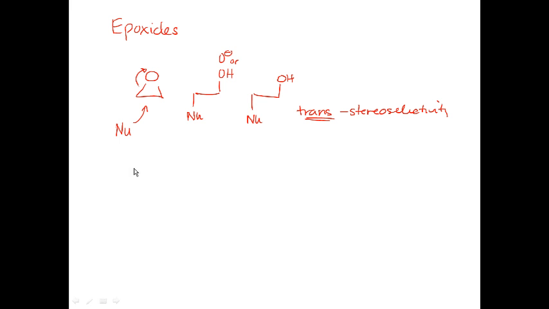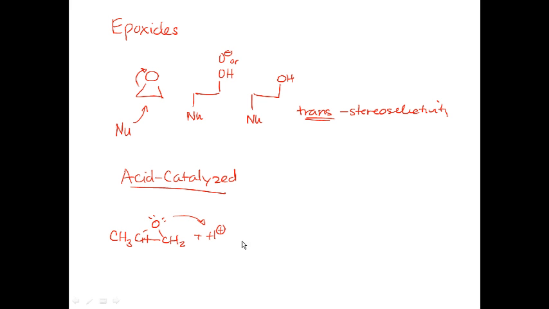Now last semester we talked about acid catalyzed ring opening. And so what we said was, okay, if I take an epoxide, let's say like this, and I treat it with H+, the first step is I'm going to protonate that ether, even though it's a cyclic ether, and that's going to give me an oxonium ion.